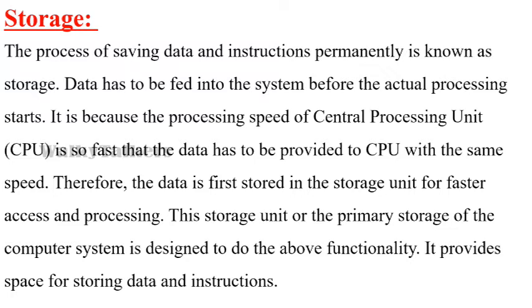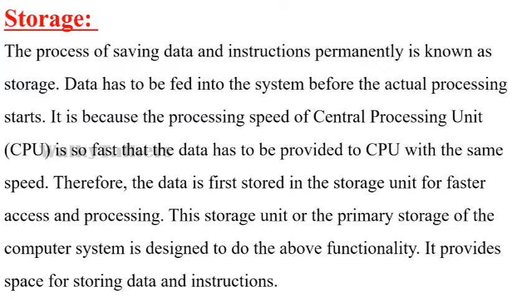This storage unit, or the primary storage of the computer system, provides space for storing data and instructions. Storage is a very common word we use in our daily lives. Here it is for saving data and instructions permanently in a computer. The storage unit can be found in the central processing unit, that is, the CPU.